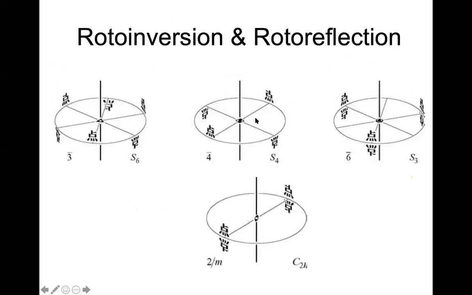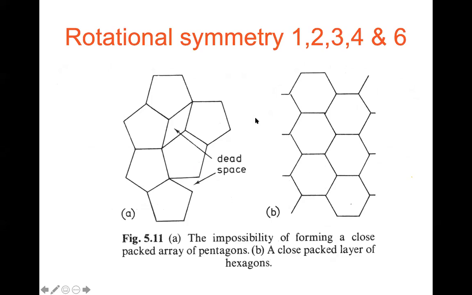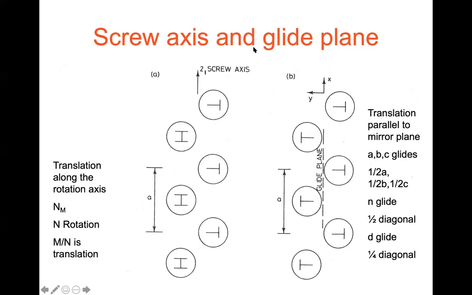Now I'm going to tell you about screw axis and glide plane. This involves translation. That's why these symmetries are called space symmetries. What is a screw axis? Screw axes are denoted by N sub M. N means rotation and M by N is translation.